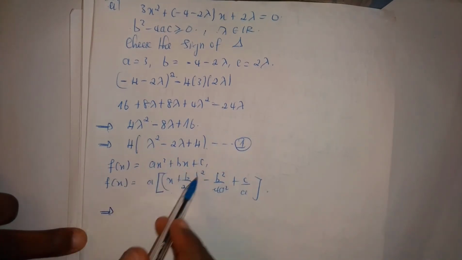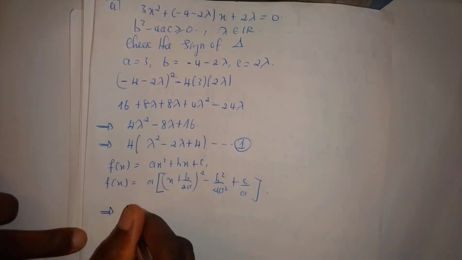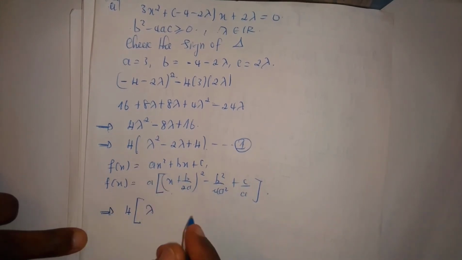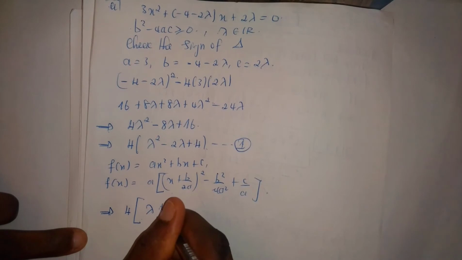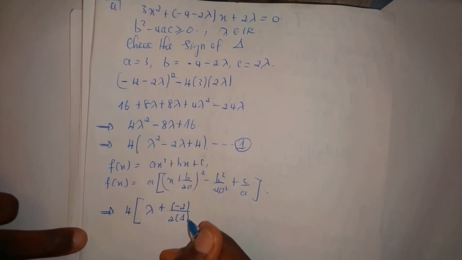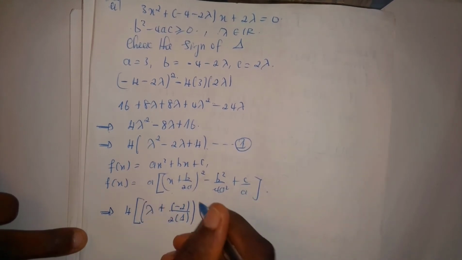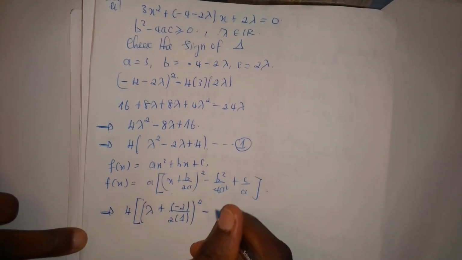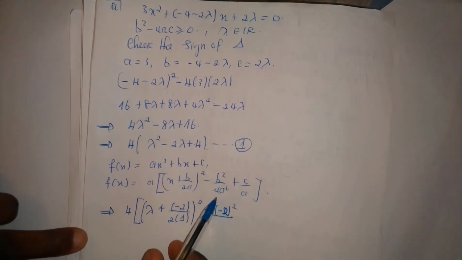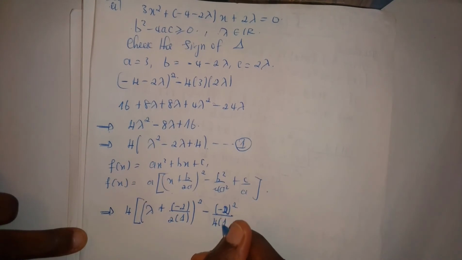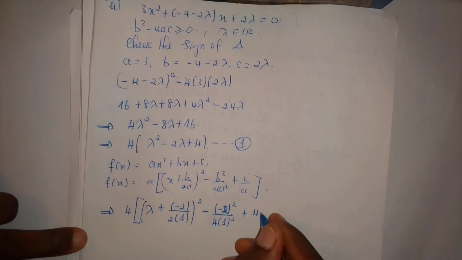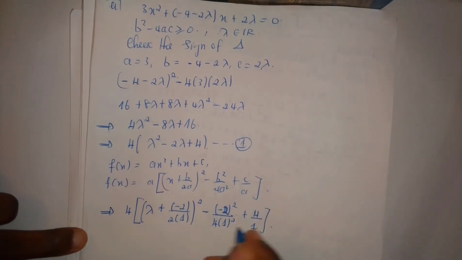So applying it in equation 1, we are going to have 4 into, now our x in our case is lambda, plus b, which is negative 2, all over 2a, a is 1, so you square all of this, minus b squared, negative 2 all of that squared, divided by 4a squared, 4 into 1 squared, plus c over a, our c is 4 divided by 1. Are we together?